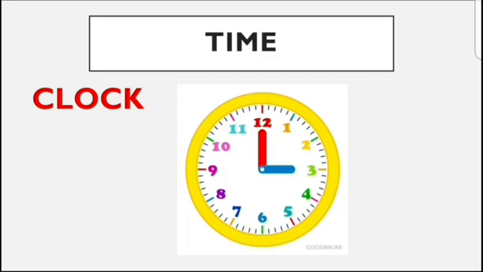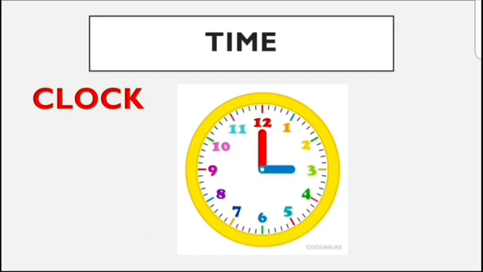Okay, so what is this, children? Yes, it is a clock. So, what can you all see on this clock? How many numbers are you able to see? Yes, there are 12 numbers here, starting from 1 to 12. And what else can you see? Yes, two hands are there.